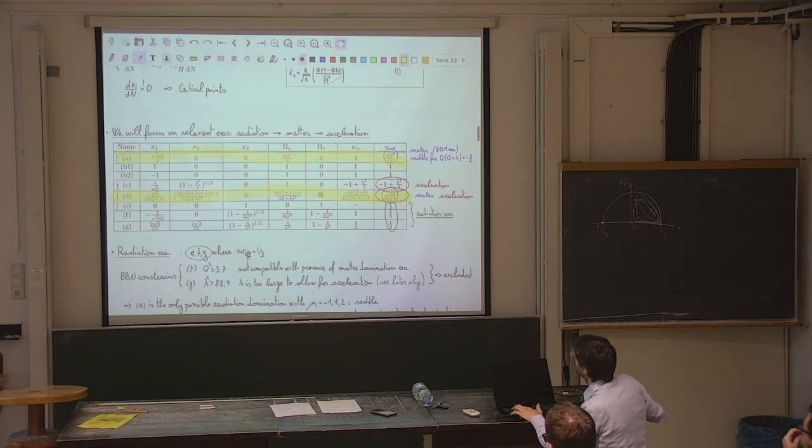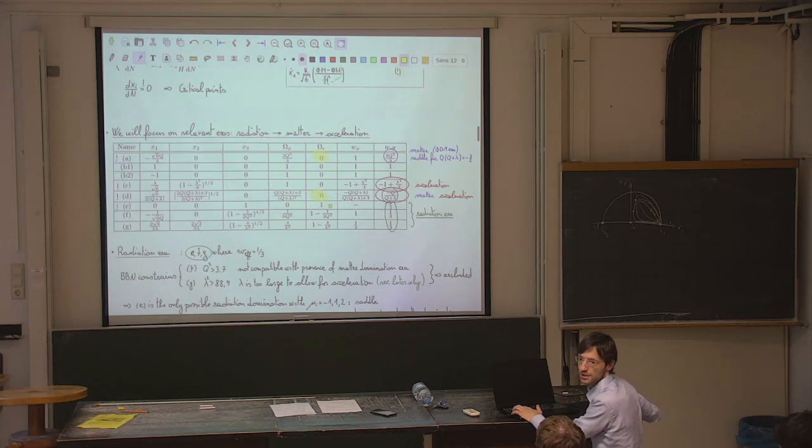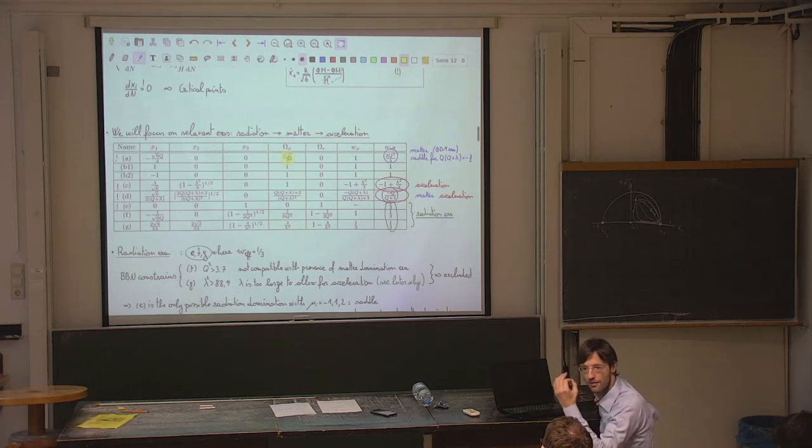You see that it's a matter domination epoch. Now I'm giving you a subtle point about the point A, but anyway, they are matter dominated, and you see it from omega radiation, which is 0, so that's completely irrelevant when we are there, whereas this one is very small, and therefore omega m is the dominant species. The difference now with respect to the matter domination that we are used to thinking of is that this one here is not 0. If Q is large enough, we have a non-negligible contribution of omega phi.